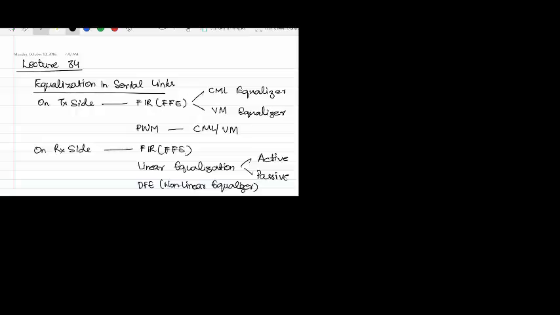So we will see that also. These are the different kinds of equalization schemes which I have just listed here, and we will go into detail of each of these with implementation. Okay, so let's begin with the transmitter side.